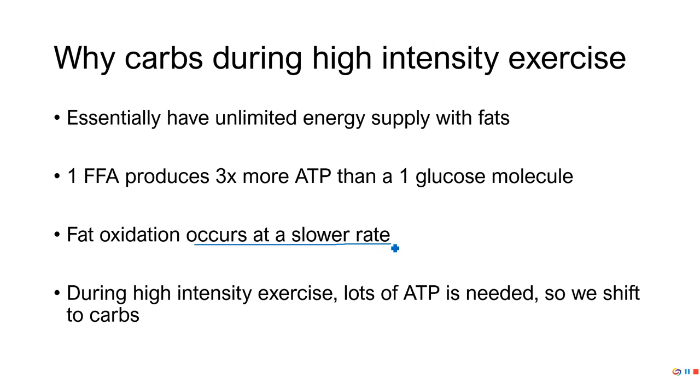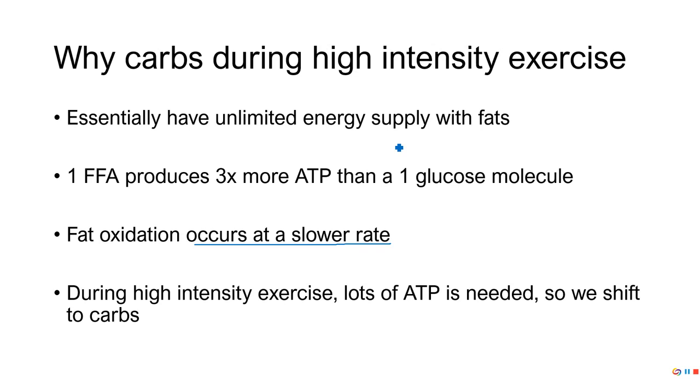And so I can liberate that energy so I can keep doing what it is that I'm doing. Okay. So fats, even though I've got lots of fat, the breakdown of that fat is slow. Breakdown of carbs is quicker. So I use carbs during high intensity exercise.